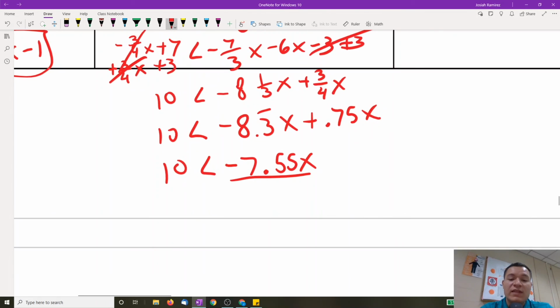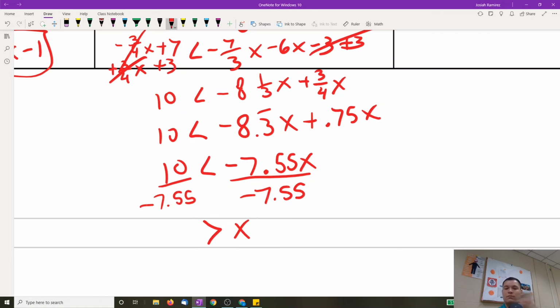Then we'll divide by negative 7.55. Since we divided by a negative, we'll have to change the way that inequality is pointing. The answer is negative 1.325 when you round to the third decimal place.